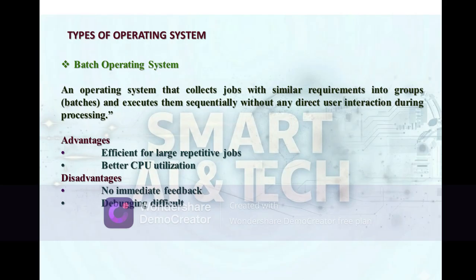The advantages are that it is efficient for large repetitive jobs and gives better CPU utilization, but it has disadvantages also: no immediate feedback, and debugging is very difficult. This is all about the batch operating system.